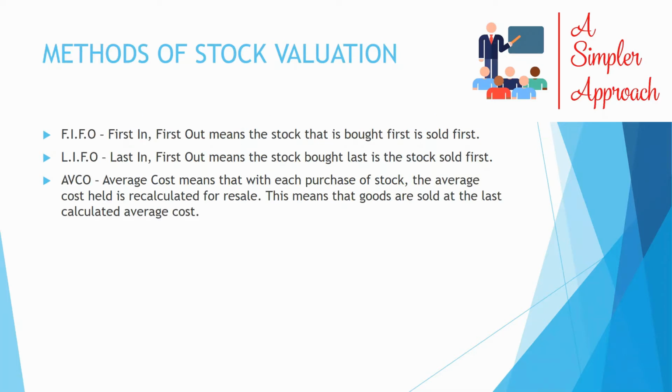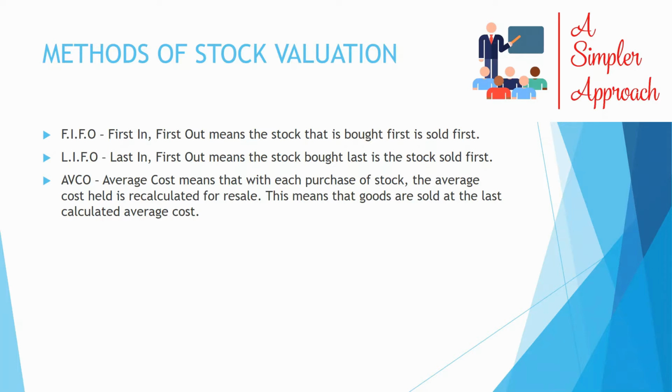Stock valuation, therefore, is simply the process of calculating the value of stock. Now there are 3 methods of stock valuation: FIFO, LIFO, and AVCO. FIFO means first in, first out. When you're using that method, you simply sell first the stock that you bought first.